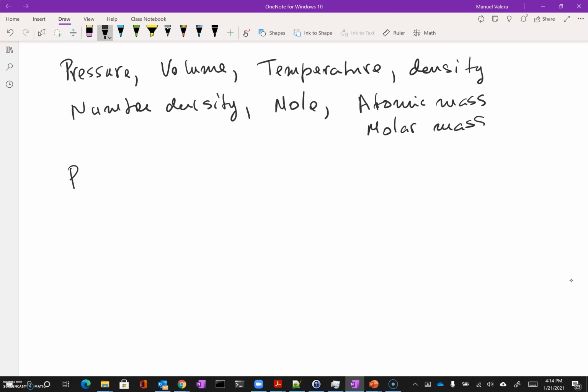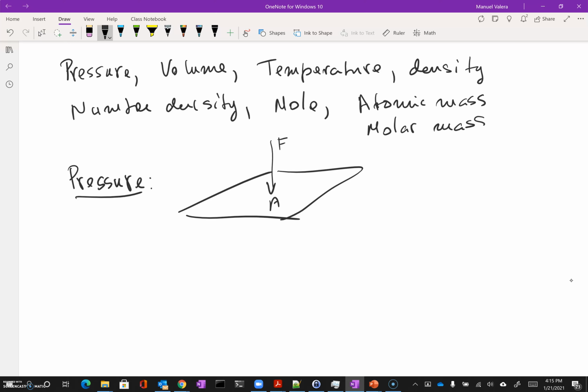With pressure, we looked at in the previous class. Pressure is just if you have an area and then you apply a force on that area, then you take the force, you divide the force by the area, and you get the pressure.